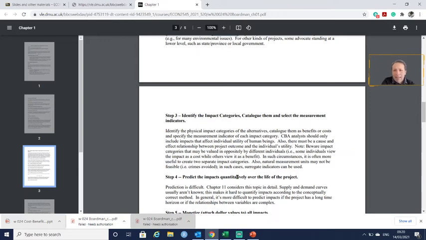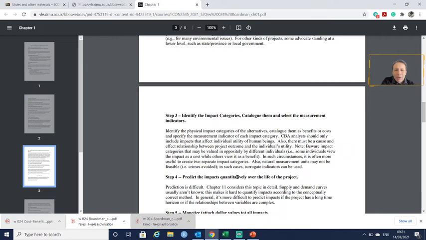So CBA analysis should only include impacts that affect individual utility of human beings. So this also will go a little bit against nature, because sometimes the costs of nature are not taken into account.